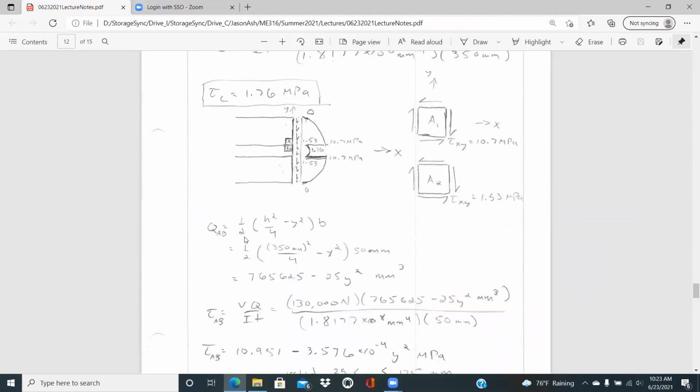And so QAB for this top portion, 1/2 times h squared over 4 minus y squared, times b, that's what we derived previously. And we can plug in our values, height of 350 millimeters squared, and b base of 50 millimeters, and then solve that as a function of y squared.